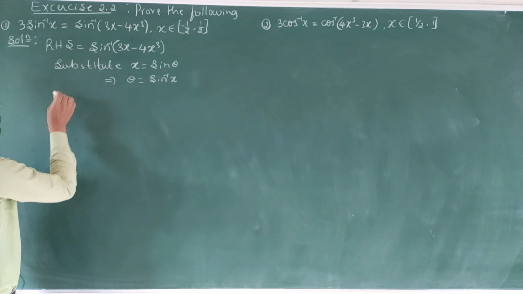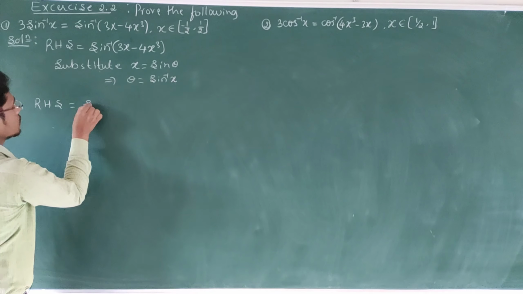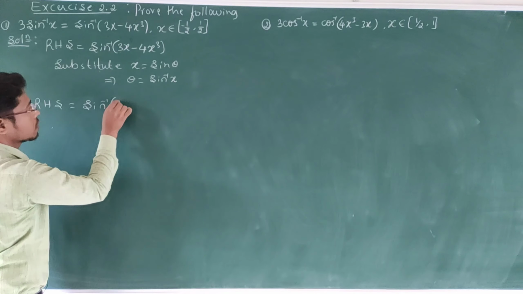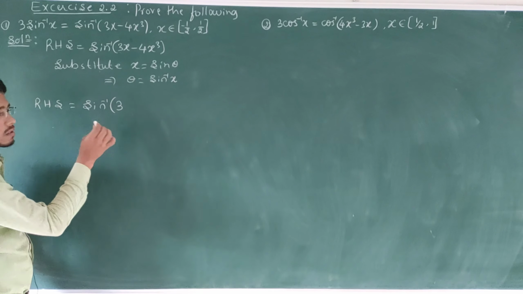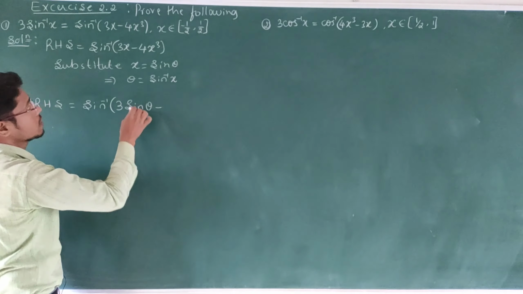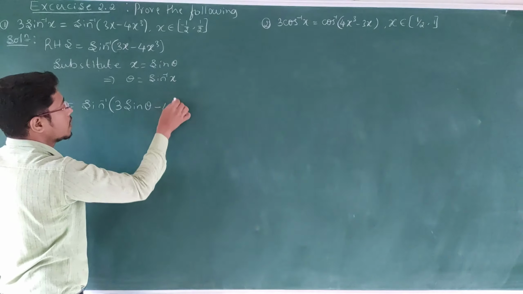I will put this in the RHS: sin inverse of 3 sin theta minus 4 sin cube theta.